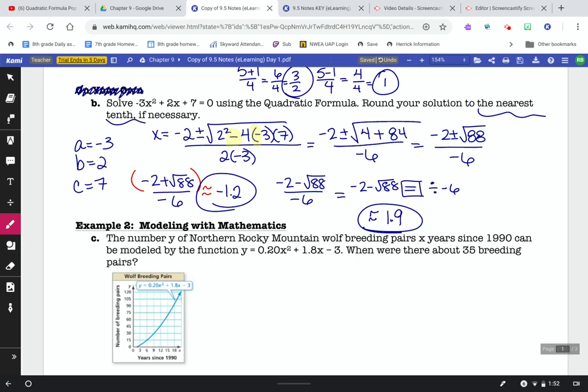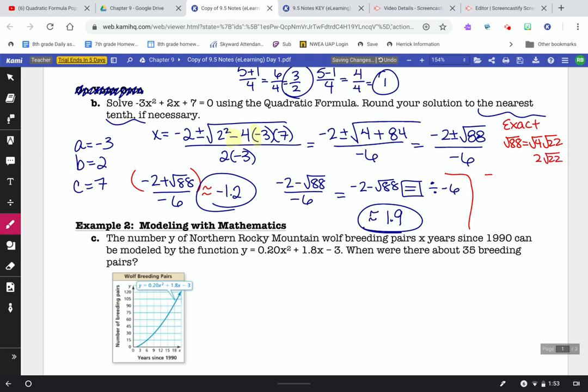I do think it's important that I make note for you how to solve this as an exact answer. So if we want an exact answer instead of rounding, you would have to simplify the square root of 88. The square root of 88 equals the square root of 4 times the square root of 22, so that simplifies to 2 root 22.